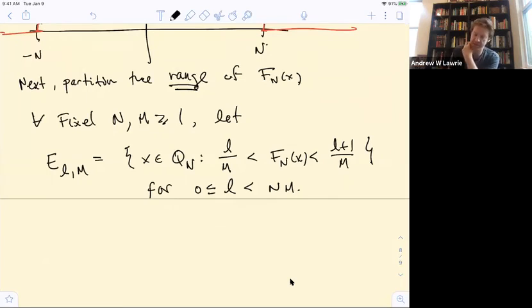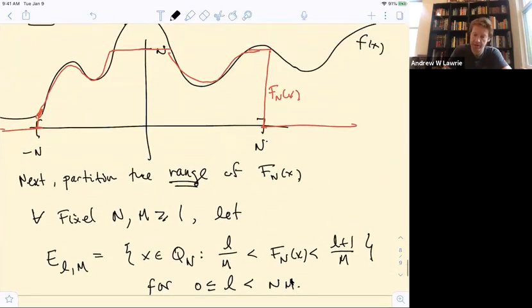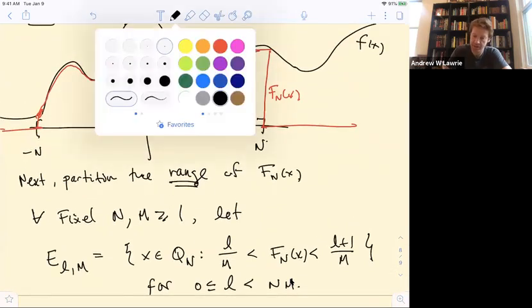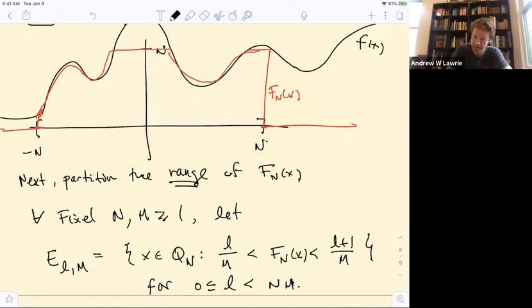Right, because f is allowed to be height n, so I need to go up to n times m for L. So I'm just chopping up the range into intervals of width 1 over m.